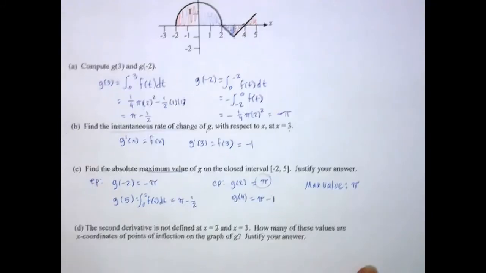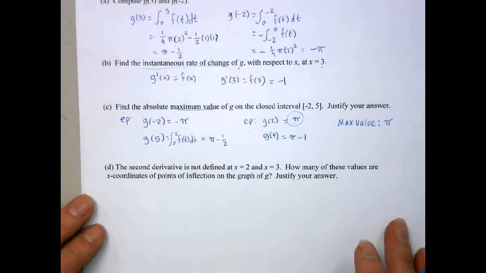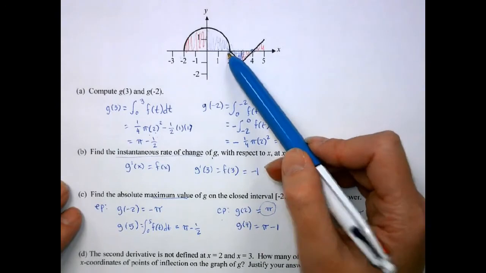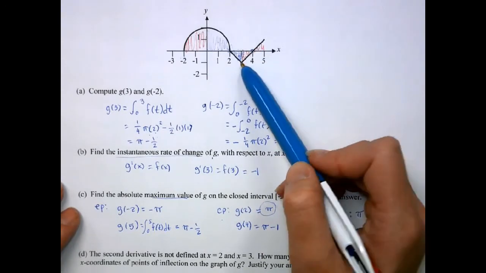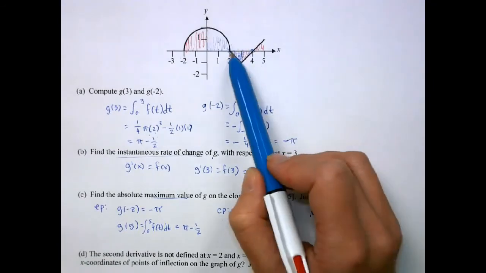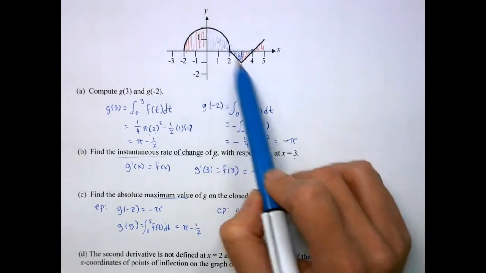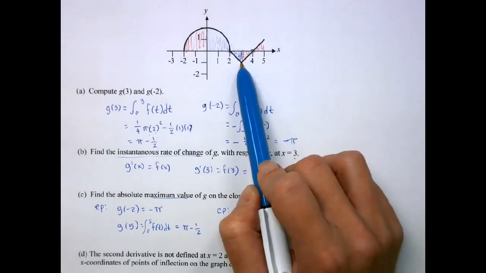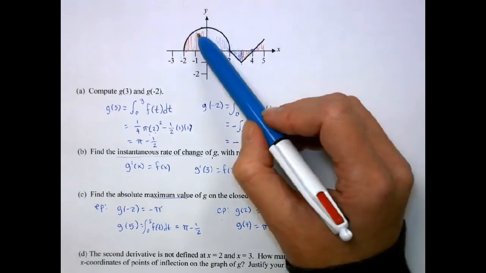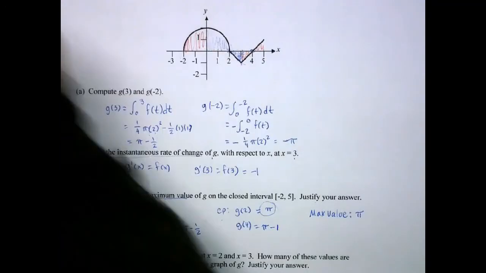Okay, the last part of this problem, the second derivative is not defined at 2 and at 3. How many of these are points of inflection? Well, points of inflection, as long as we have a value on this graph and the second derivative changes signs, which means the first derivative changes from increasing to decreasing.